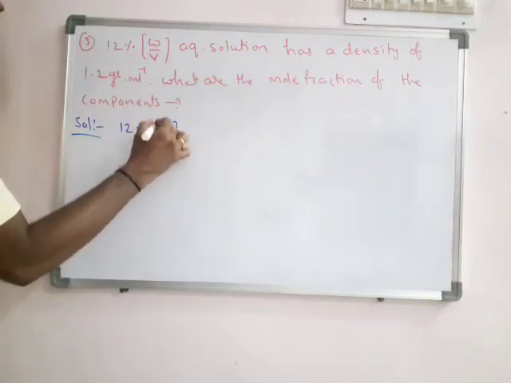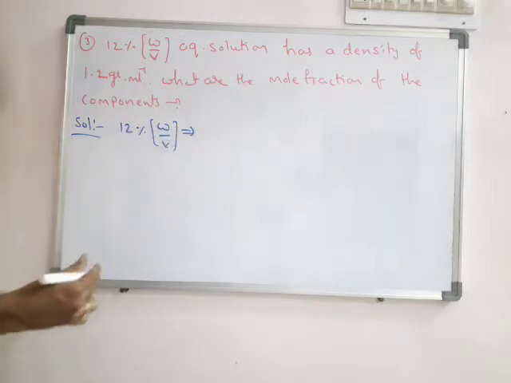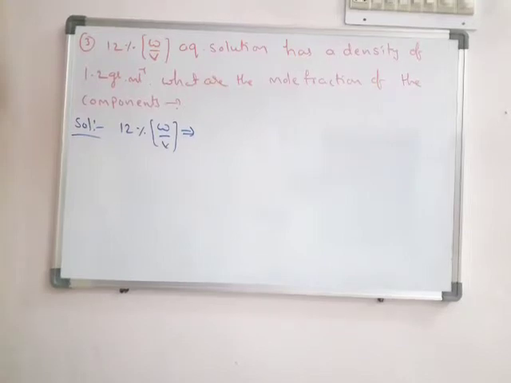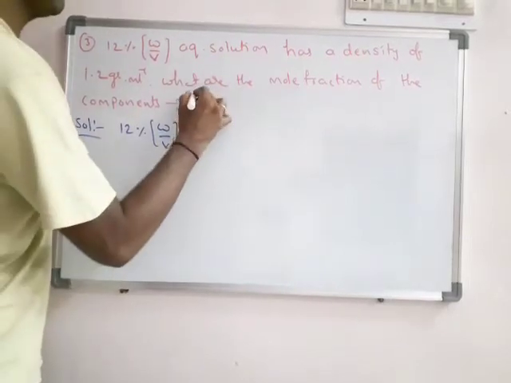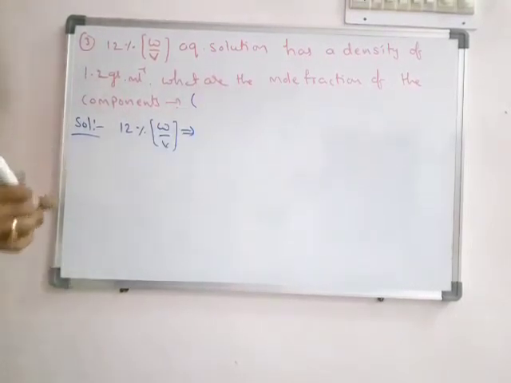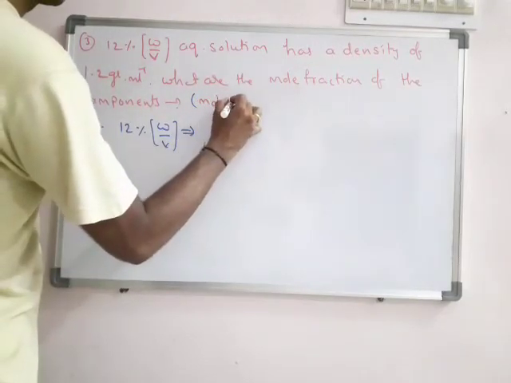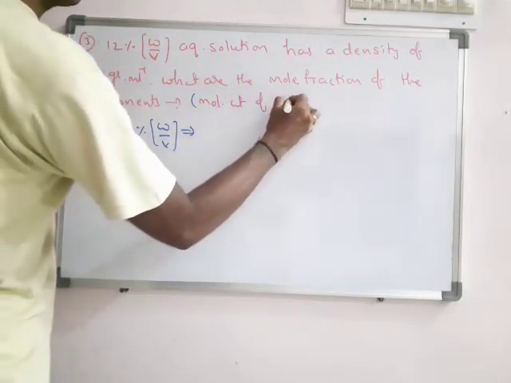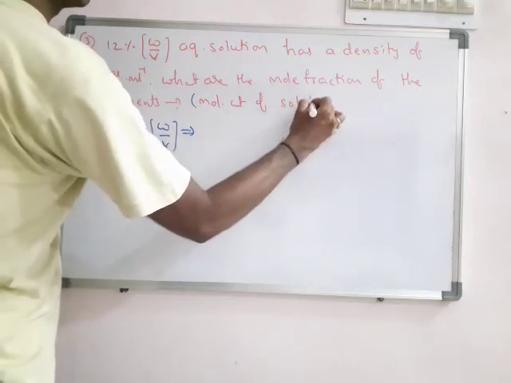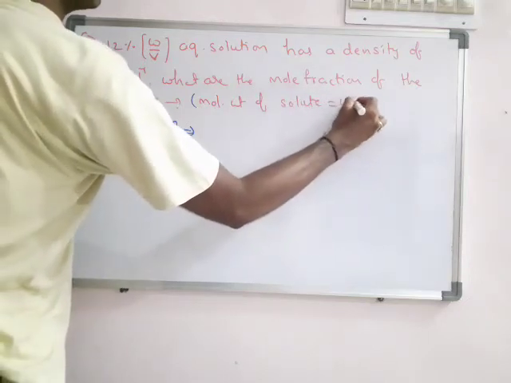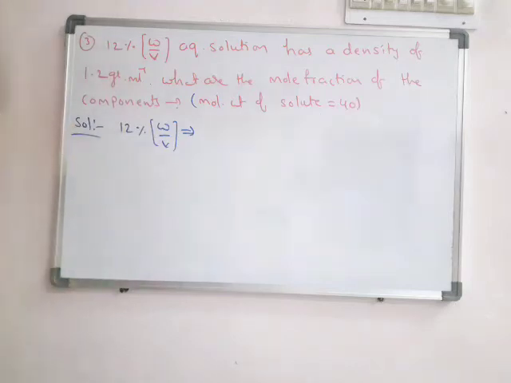In the problem itself it is given that the molecular weight of the solute is 40. The solute name is not given but its molecular weight is given. So you have 12% weight by volume.